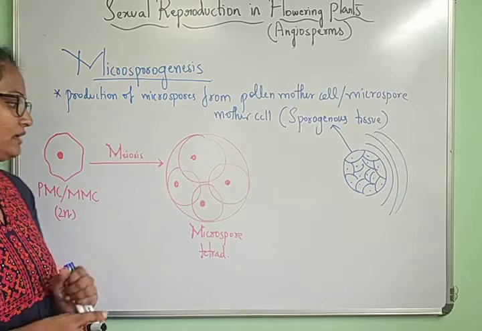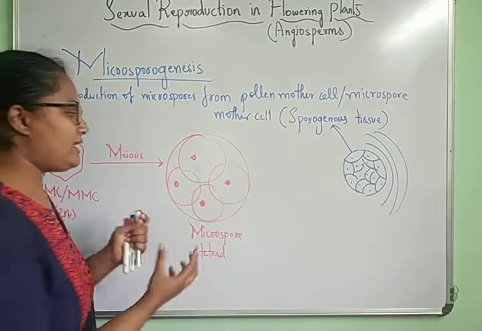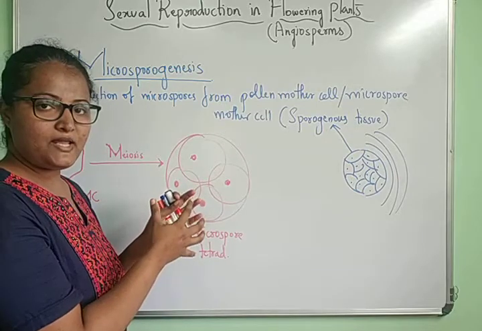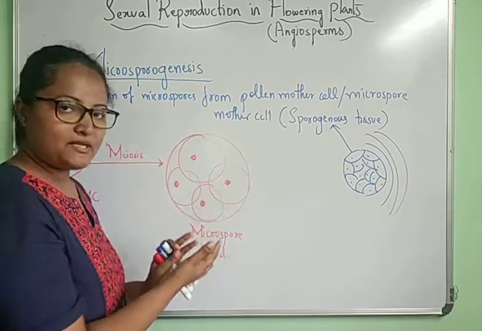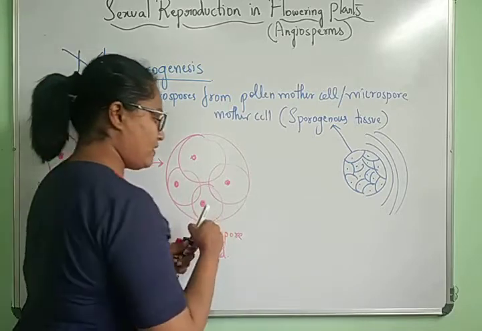Because they are attached together. They have not separated, they are placed in a compact arrangement, so hence it is called microspore tetrad. Later what happens?